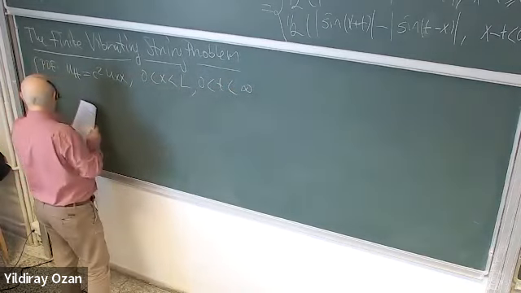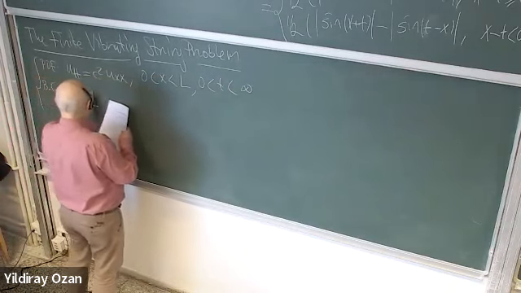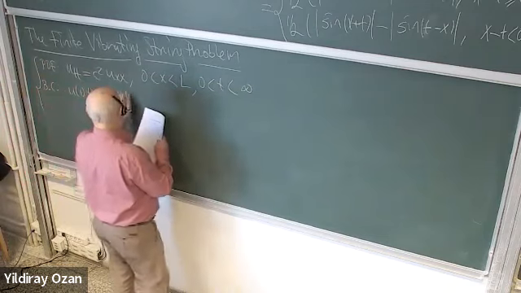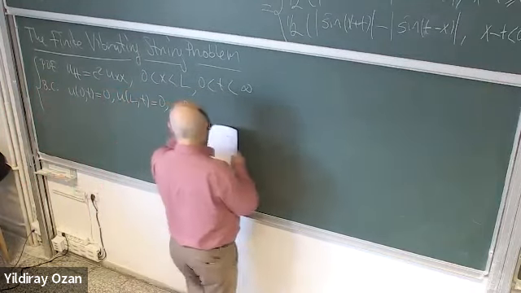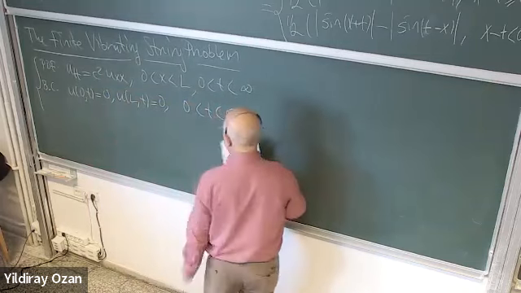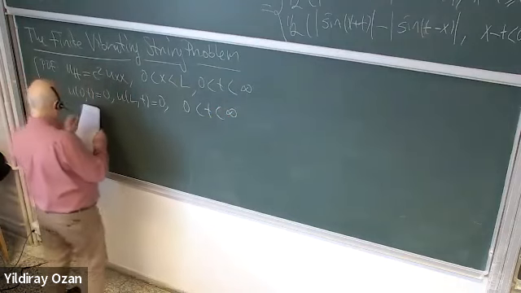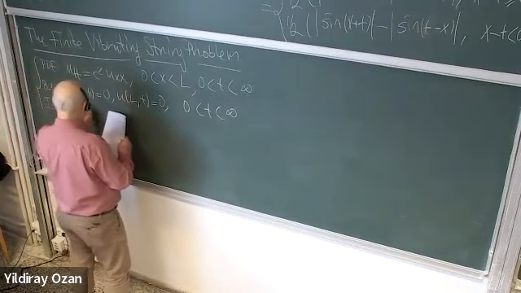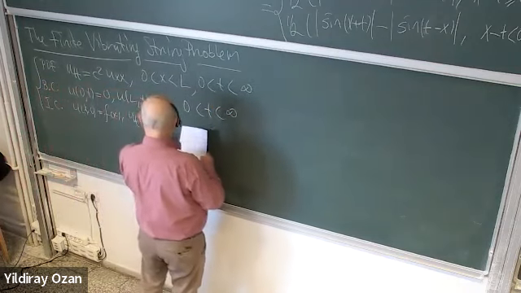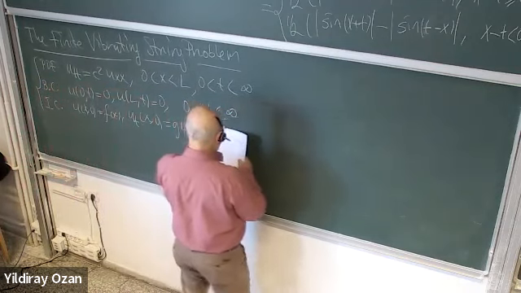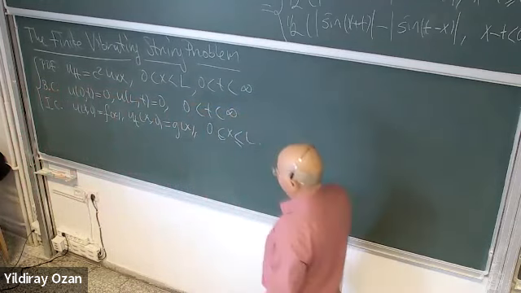We have first trivial conditions at the boundaries, like a guitar string, and we have initial position and initial velocity.